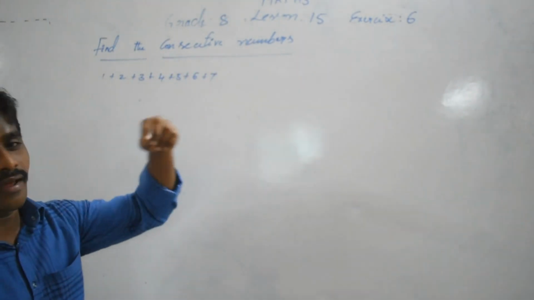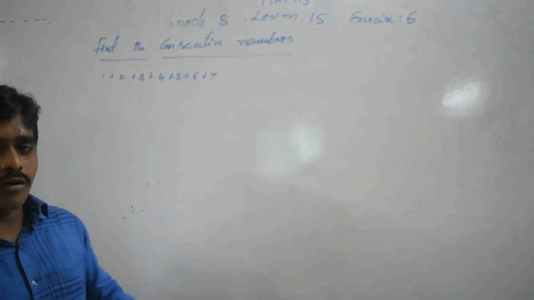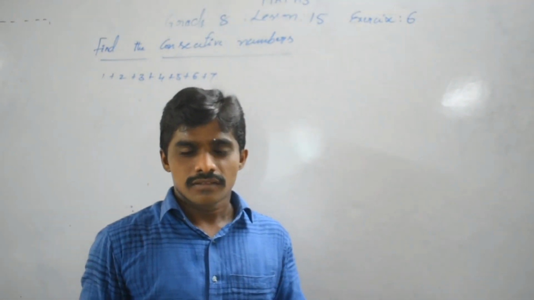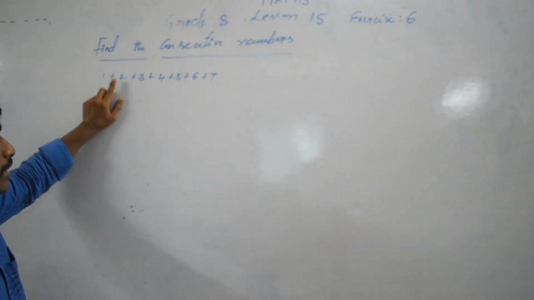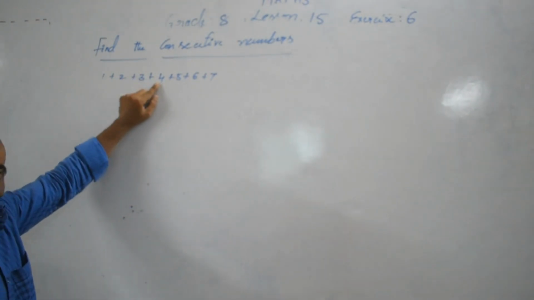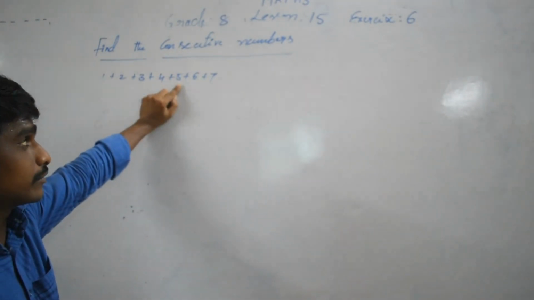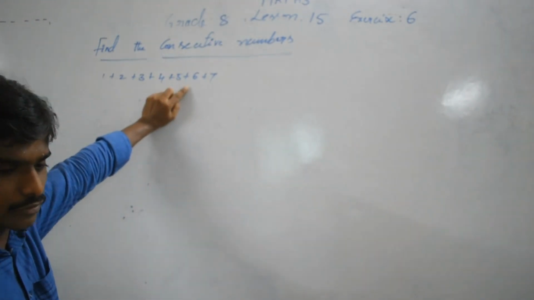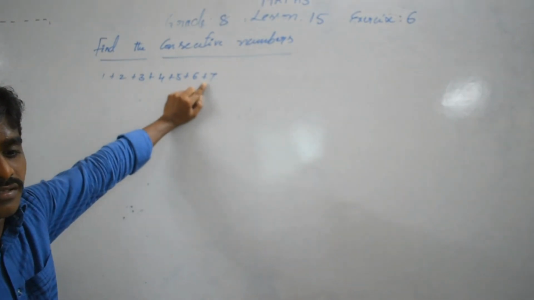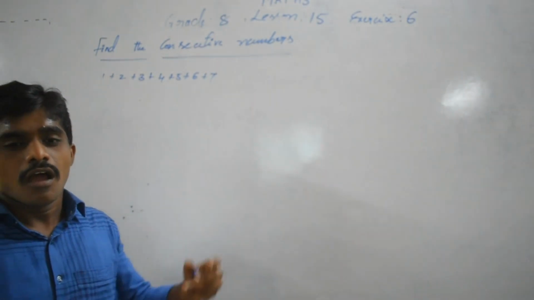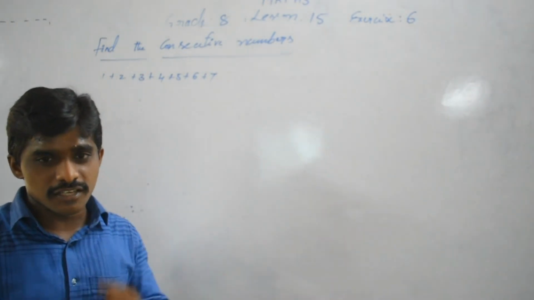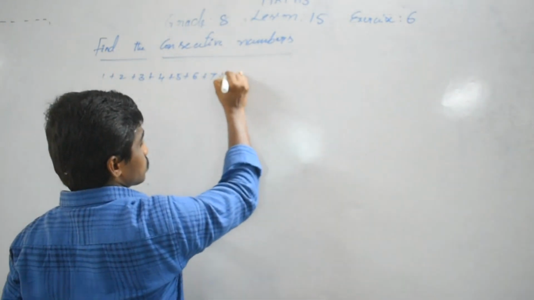These like 100 numbers we are adding, and how to add that 100 numbers, that is the longest process. So 1 plus 2, 3 plus 3, 6 plus 4, 10 plus 5, 15 plus 6, 21 plus 7, 28. So adding these 1 to 100 numbers is a difficult process.